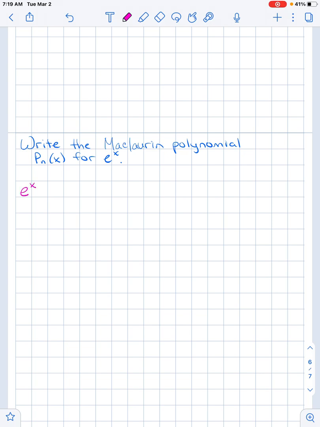Okay, e to the x is this infinite polynomial, which is 1 plus x. Just write a couple of these specific examples, and then dot, dot, dot out to the general term, which is x to the n over n factorial, and then dot, dot, dot.